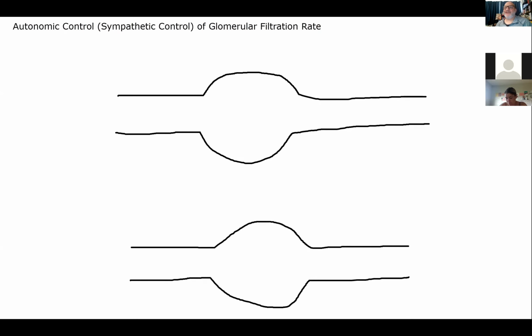As I'm sure you can clearly tell from this incredibly elaborate and detailed drawing that I have done, this here is our afferent arteriole. This here is our glomerulus. And this, of course, is our efferent arteriole.